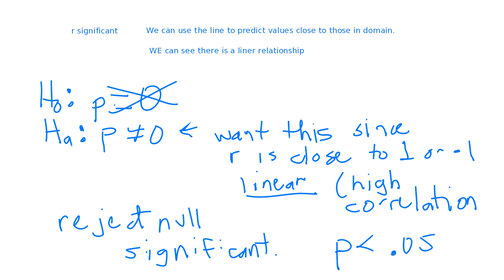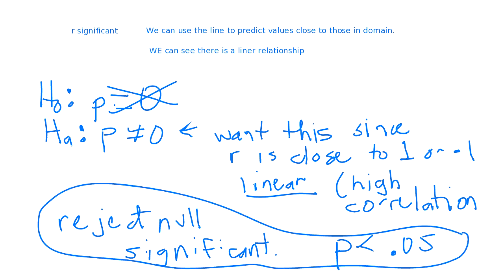If P is bigger than 0.05, then we keep the null and the linear correlation is not significant. So we want to reject the null. Okay, but again, you get that from that Pearson calculator.